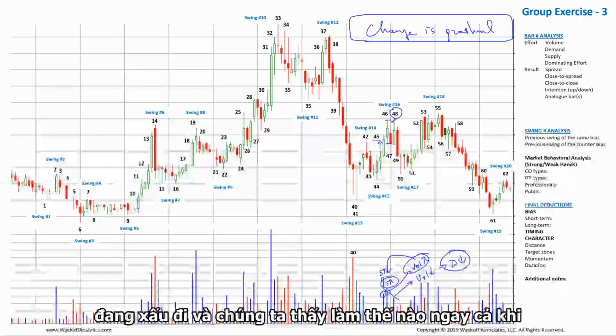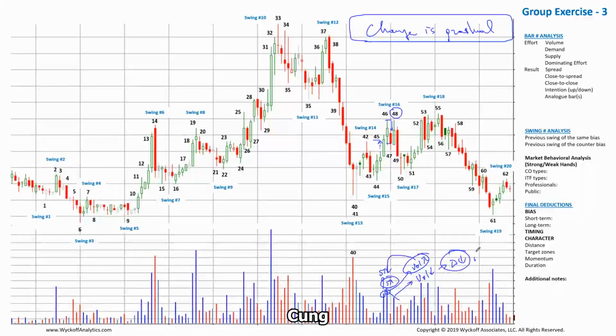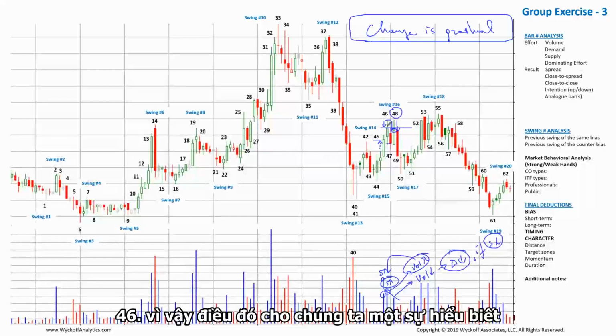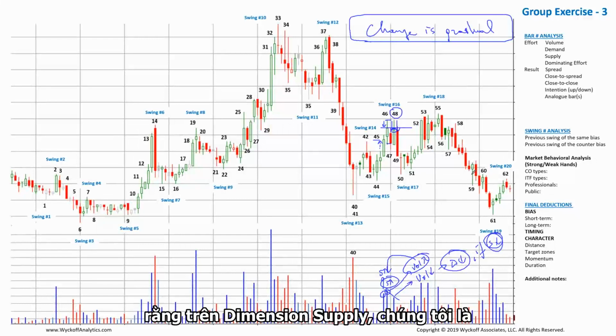And we see how even if supply is going down as well, we see that the close is lower than at 46, that the tail at 48 to the downside, the supply tail, is more than at 46. So that gives us an understanding that on diminishing supply, we're producing a better result to the downside. So there is some kind of ease of movement built into that bar.